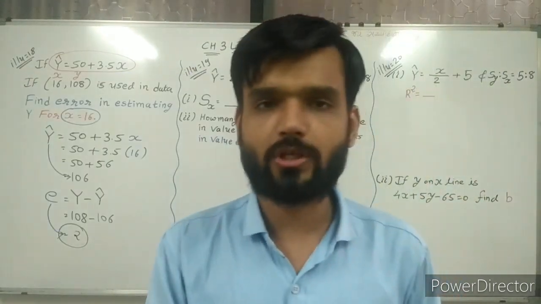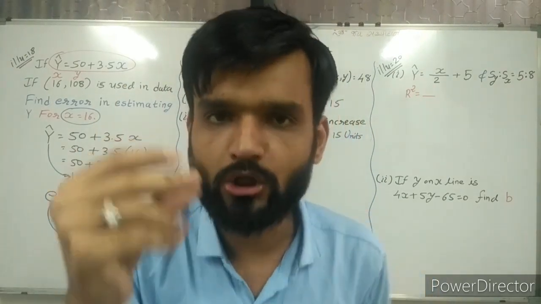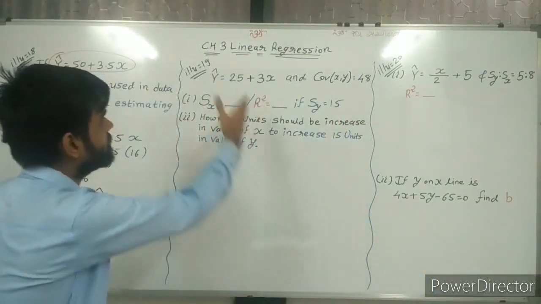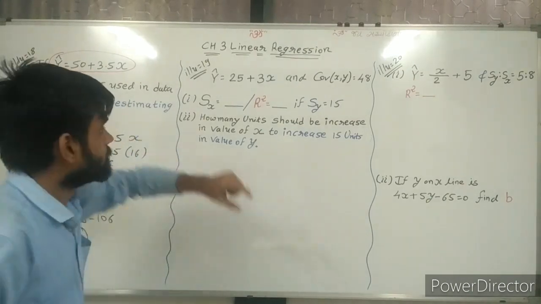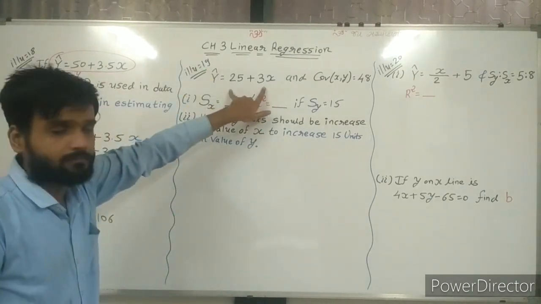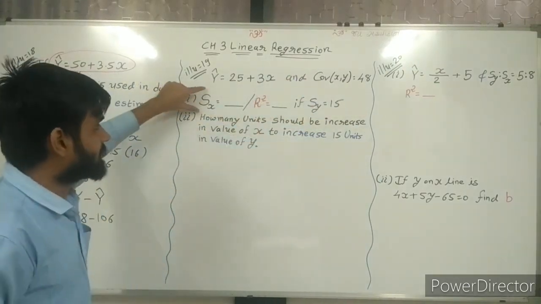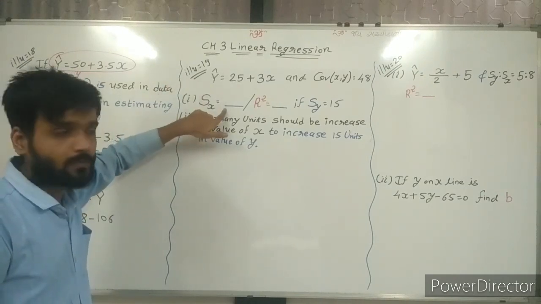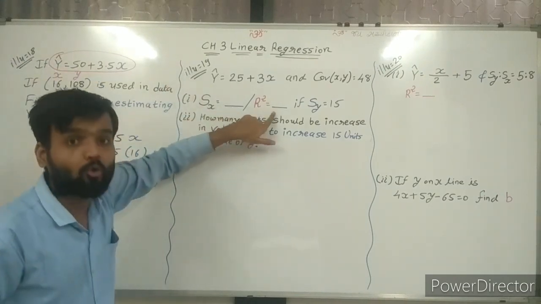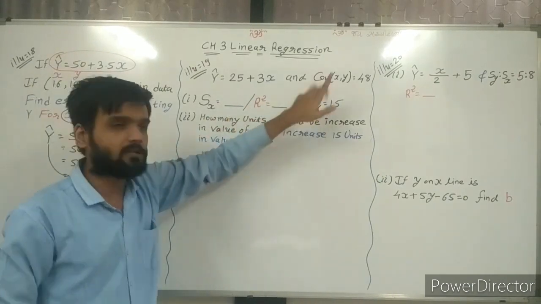Now this whole question is given to you in the textbook, and on that basis I have written the full question here. In short, y cap is given, covariance of xy is given, and we need to find the standard deviation of x, meaning Sx. I need to find r square also, the coefficient of determination, if Sy is equal to 15.